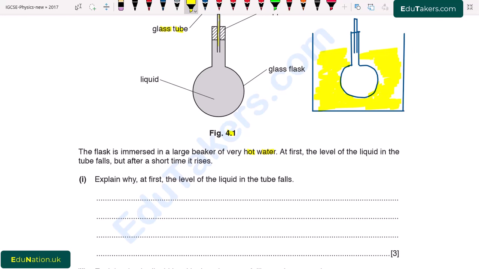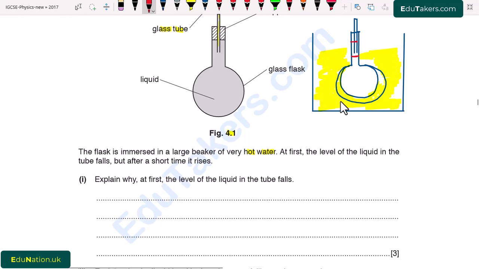So the level of liquid initially drops down because when it expands, its size may increase. So if I suppose that the level of liquid is at this point, then after expansion the level of liquid falls. So the reading will also be at the lower point.